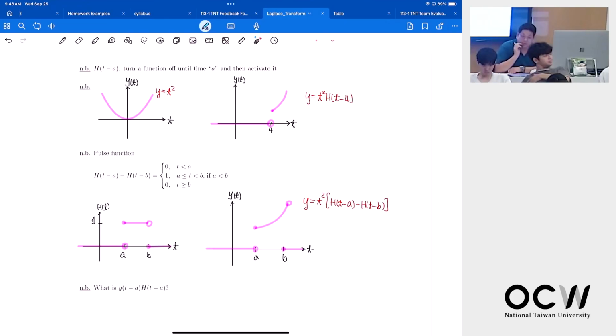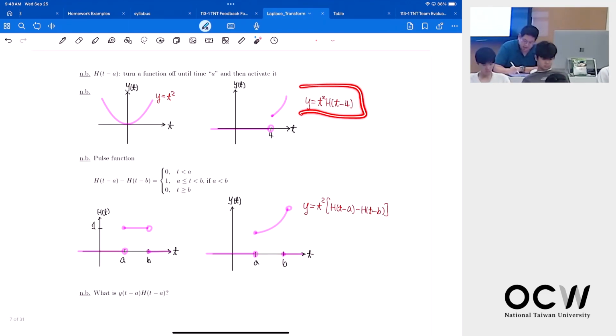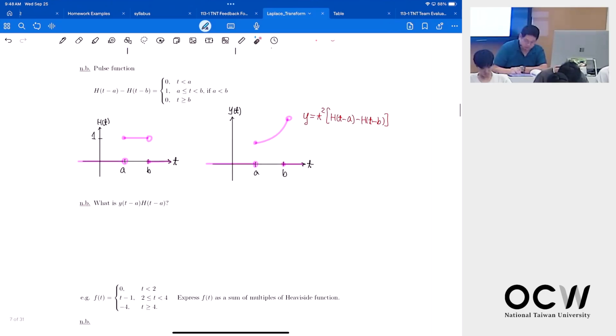Now, if you don't have any questions, then let me ask. What is this function y of t minus a times this shifted Heaviside function? We learned that this is y equals t squared times the shifted Heaviside function. Now, if my y is also shifted, times a shifted Heaviside function, what does it look like? You can try to plot.